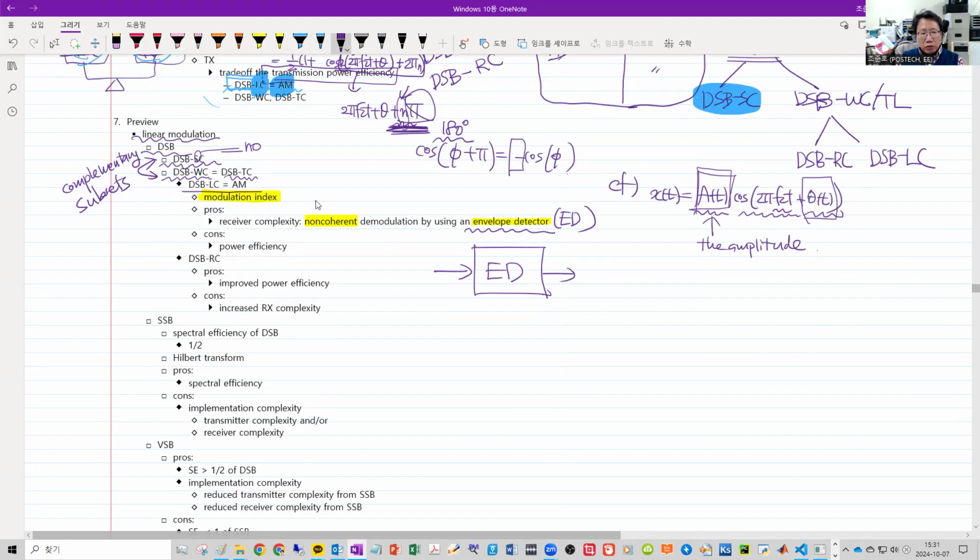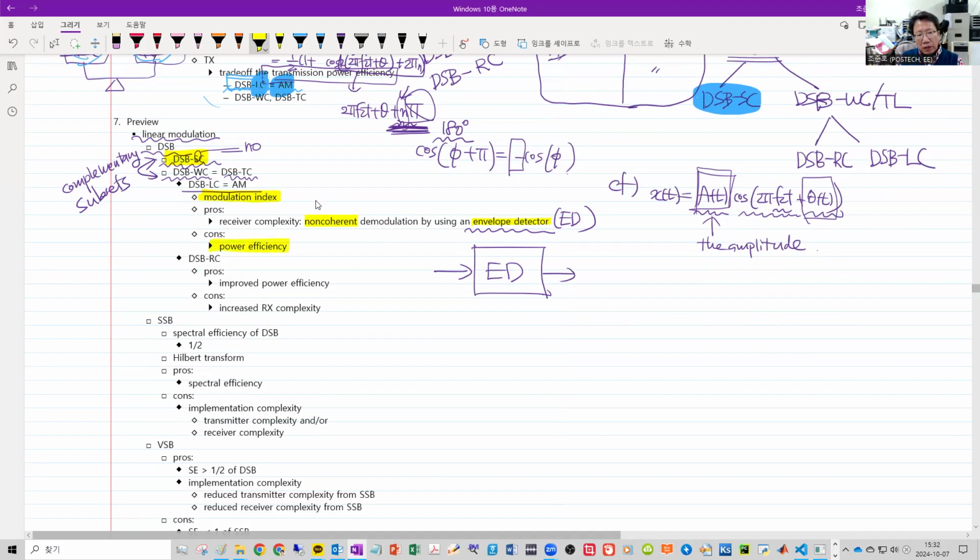As I just told you, double sideband suppressed carrier had cons, which means 단점들 in Korean. So they wanted to trade off this problem by increasing something bad in the transmitter, and that was power efficiency.